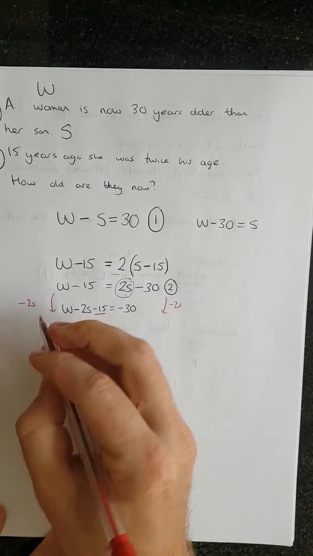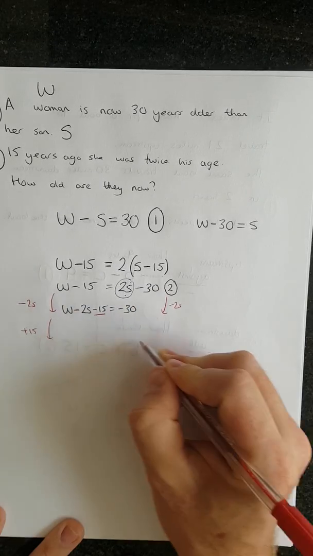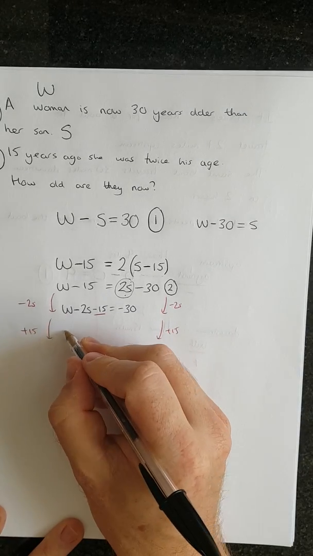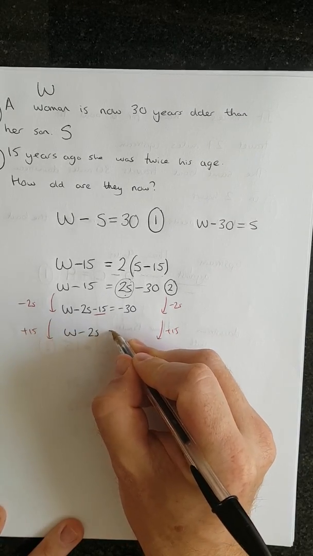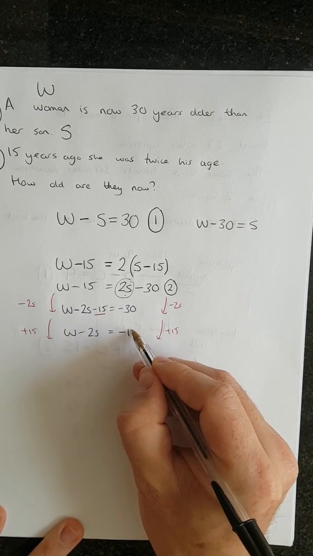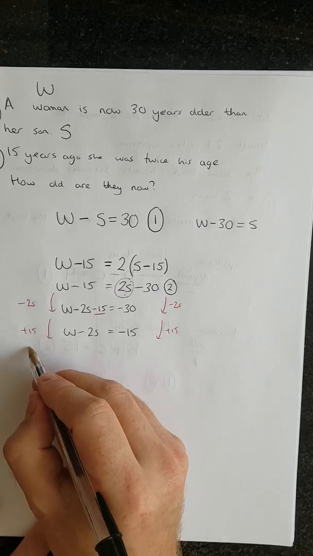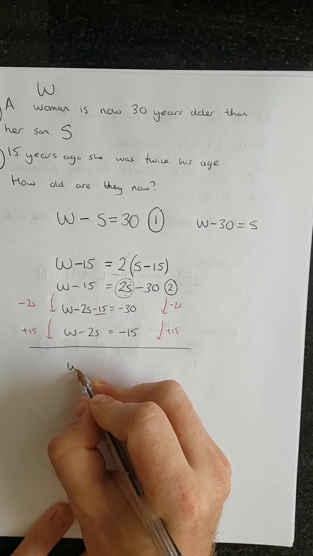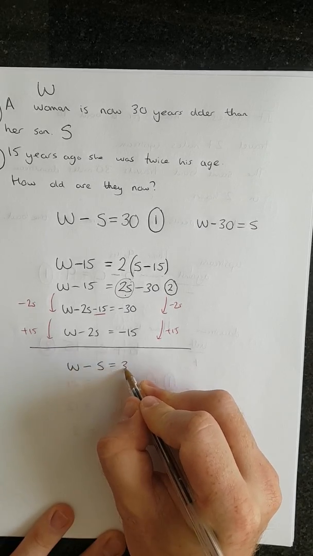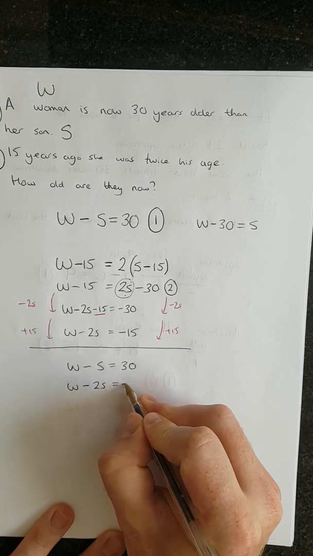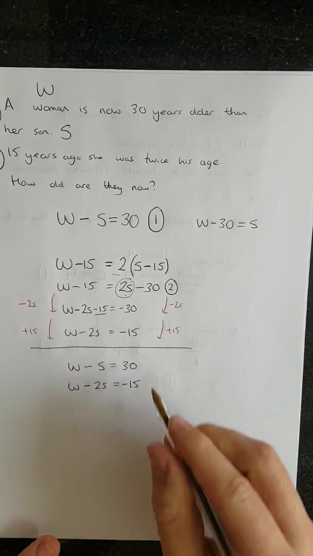Now, minus 15 is in the way, so I'm going to add 15 to both sides. So that's W minus 2s equals minus 15. Okay, two equations now. W minus S equals 30, but W minus 2S equals minus 15.